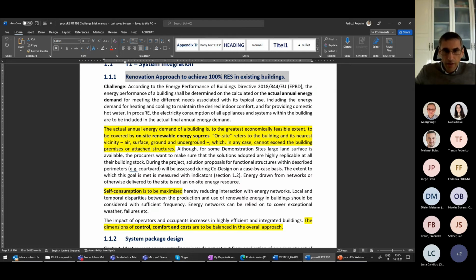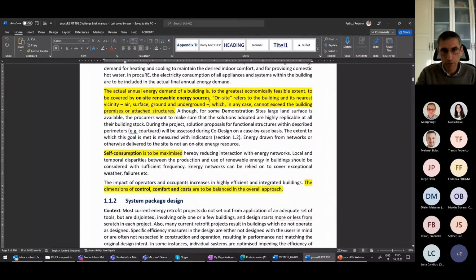Therefore, we propose for now to look into quite common reference buildings with narrow vicinities, so to say, available. And indeed, production of renewable energy on site. We want suppliers to tackle the problem of self-consumption.